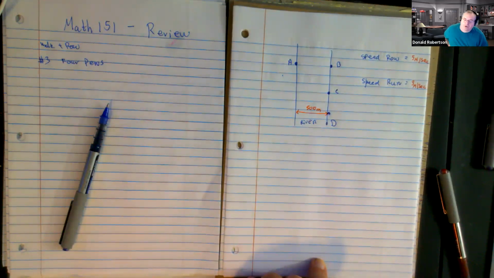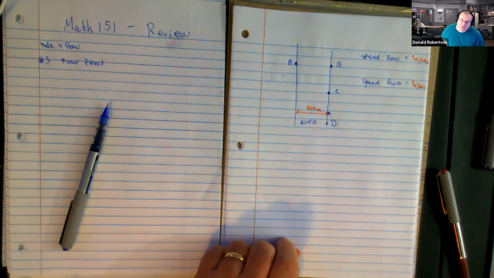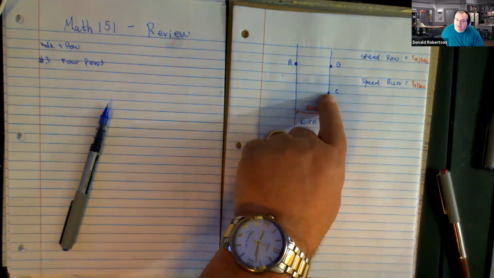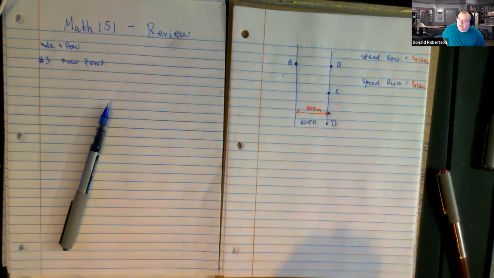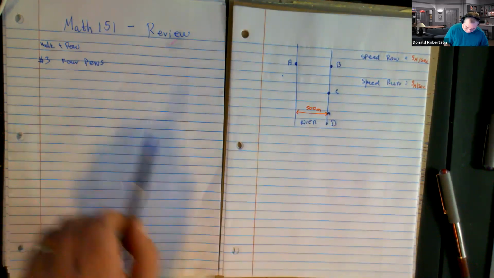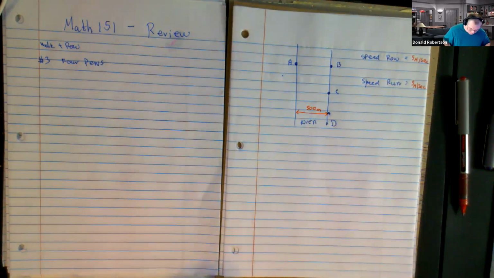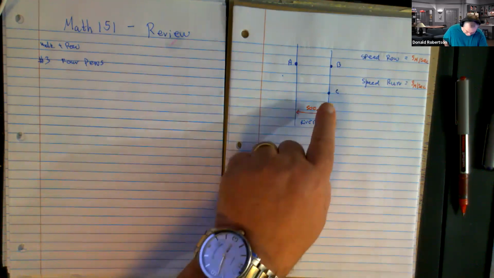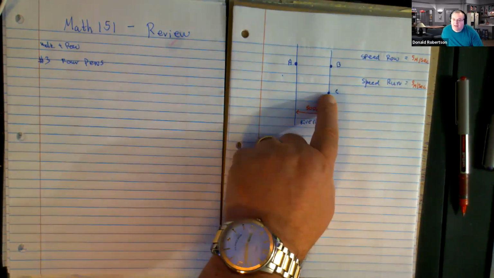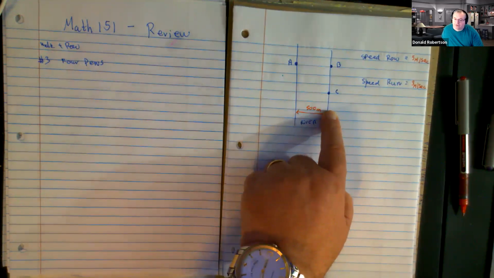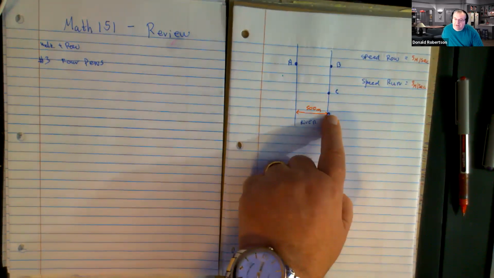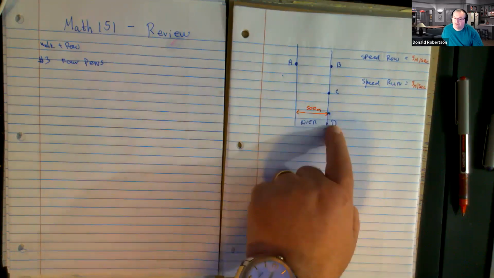And in other situations, it's a compromise between those two extremes, where there's some point C that you would row to, and then you'd run the rest. And so our quest is to find out where this C is. So if C ends up being here, that means sail across and run the whole distance. If C ends up down here, then it means go straight to here.